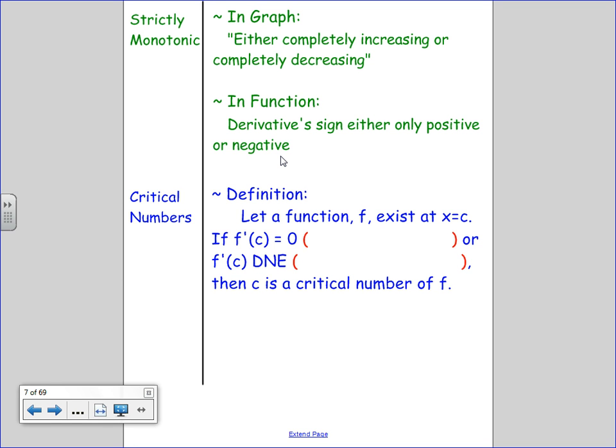Key numbers last year are critical numbers this year, except critical numbers are specifically talking about a function's derivative's zero or non-existent points.